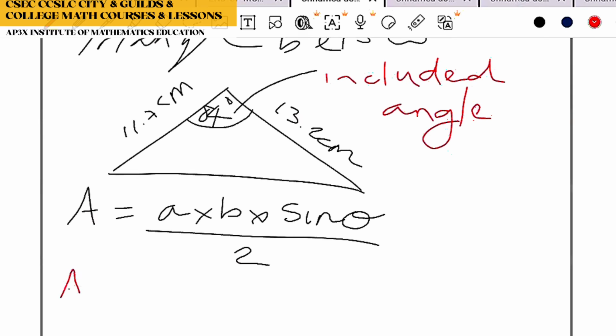The A and the B are the sides that are known, which is 11.7, and also 13.2. And then on your calculator, ladies and gentlemen, if you have your calculator in front of you, there should be 3 buttons that are sitting adjacent to each other. One is sine, the other one is cos, and the other one is tan.